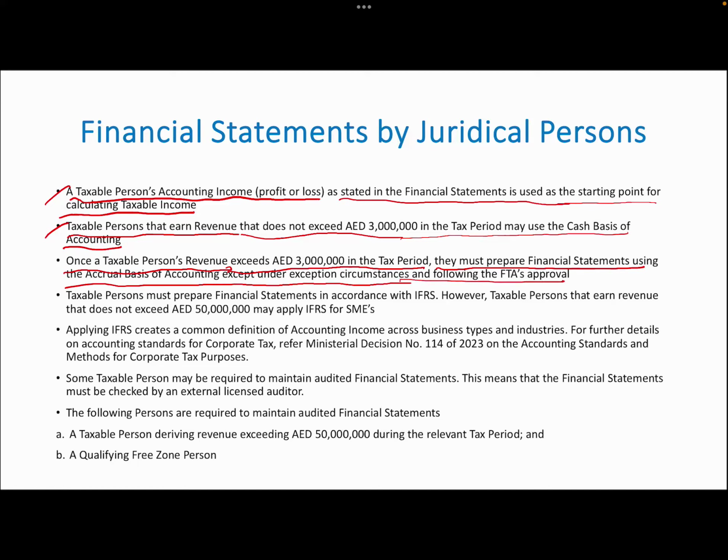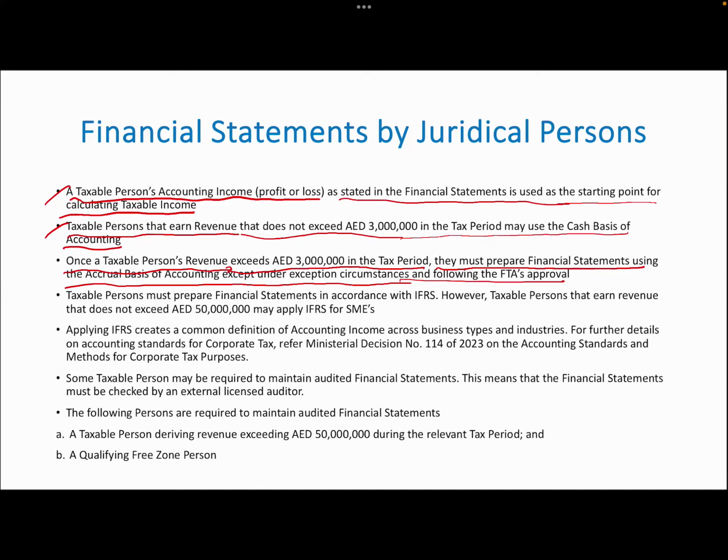Once your revenue exceeds 3 million in the tax period, then you have to prepare your financial statements using accrual basis of accounting. There may be some exemptions for not using accrual basis even if your revenues exceed 3 million, but that is only under certain exceptional cases after the approval of the FTA.